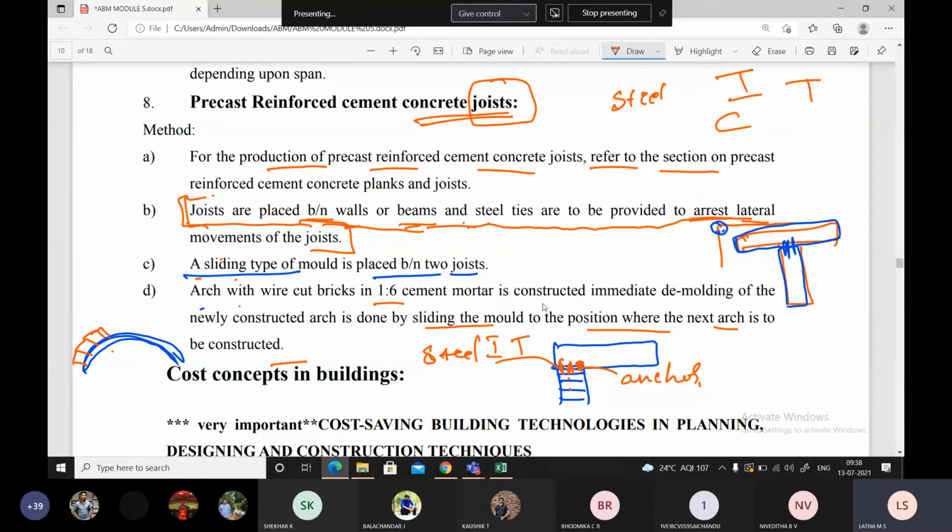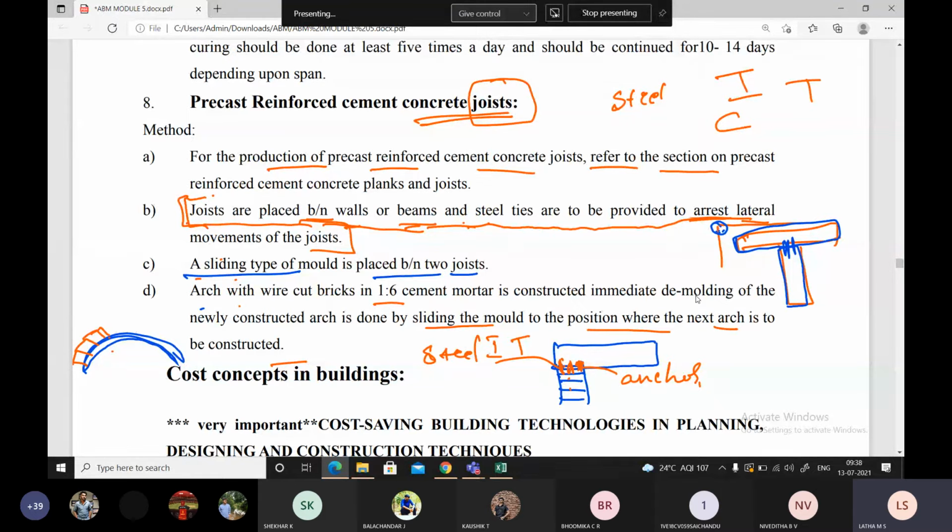Demolding of the newly constructed arch is done by sliding the mold to the position where the next arch is to be constructed. So when you are starting the construction of an arch, the arch length or thickness can be 0.5 or 0.2 meter or whatever it is. Similarly, you should have a mold for it.